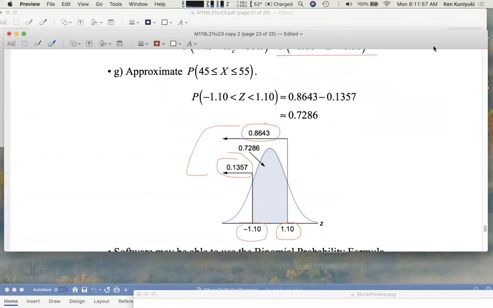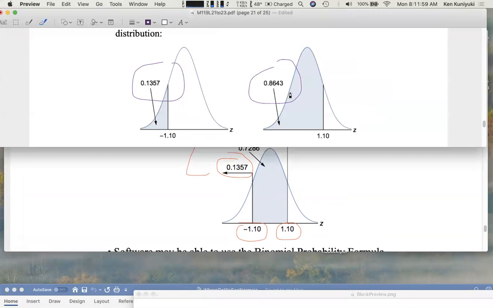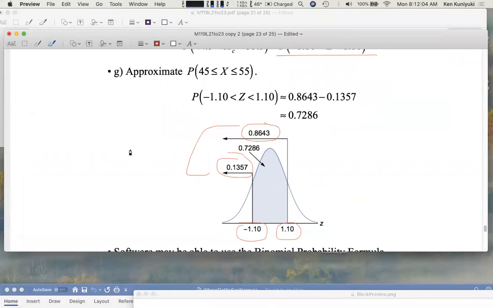These are the numbers I got from the hints up here, 0.8643 and 0.1357. What do I do? I subtract them in order, larger minus smaller. It better be larger minus smaller because the result cannot be negative. 0.8643 minus 0.1357 is 0.7286. So according to this method, we have about a 72.86% chance of winning my bet that the number of heads will be between 45 and 55 heads inclusive.